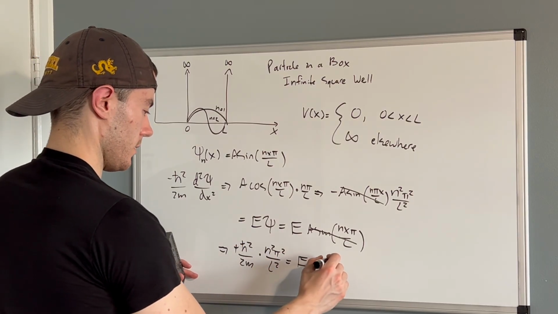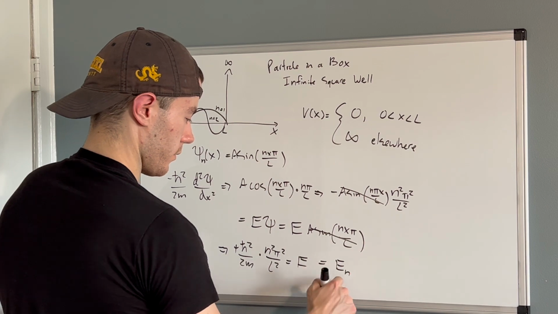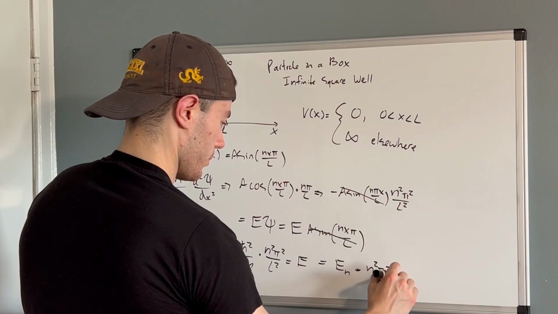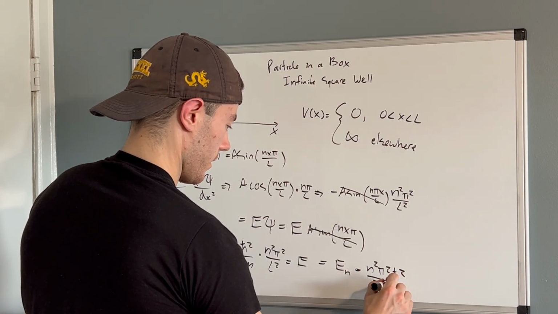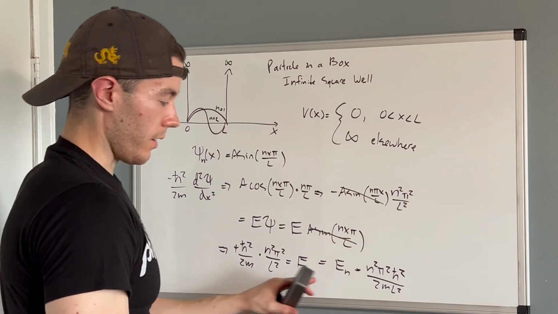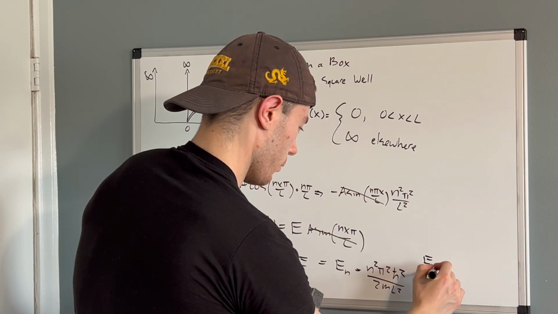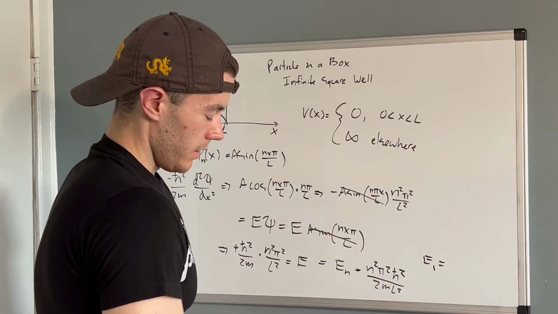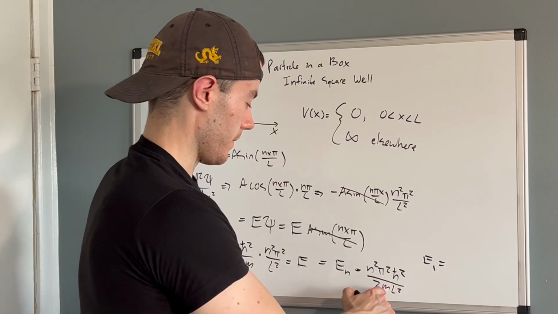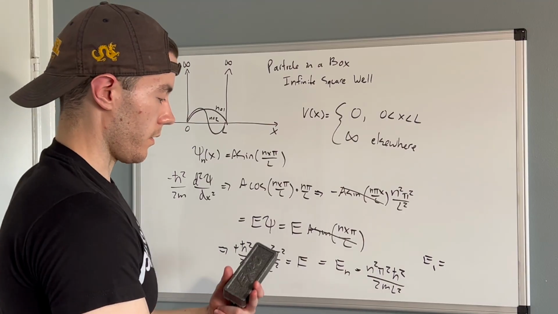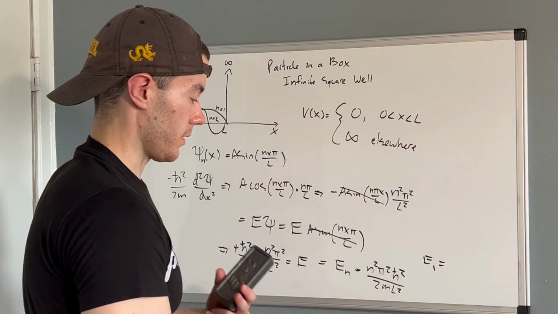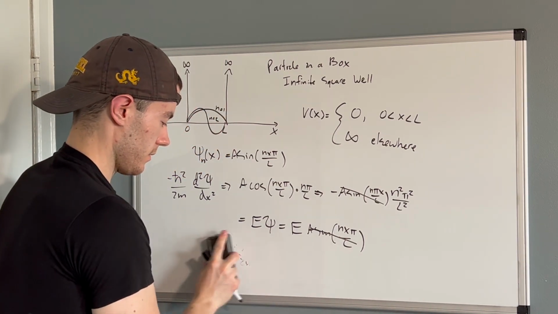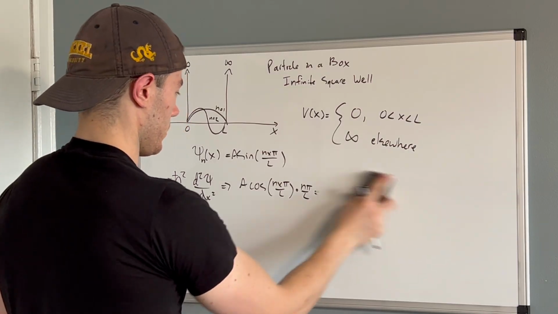So each energy level, E sub n, is equal to n squared pi squared h bar squared over 2m L squared. So the ground state energy, E1, equals pi squared h bar squared over 2m L squared. You can look up the value for h bar squared, give whatever mass you want to the particle and whatever length of the box you want, plug it in and you'll get a number. I'm not going to do that here, but those are the energies.